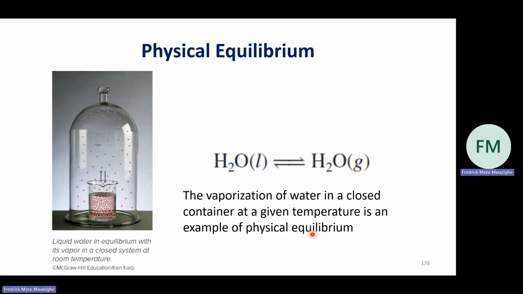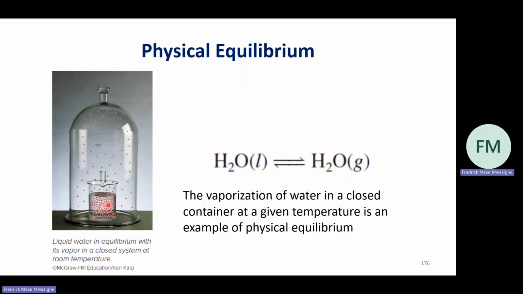Apart from chemical equilibrium, we also have some physical equilibrium. This is an example of physical equilibrium. So for example, the vaporization of water in a closed container. So when you have, say, liquid water in a beaker like this, and then it's covered, it's enclosed.